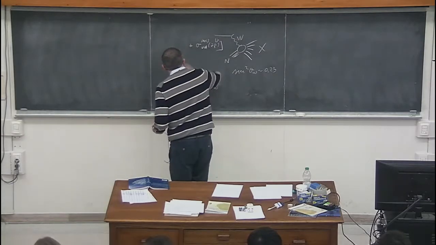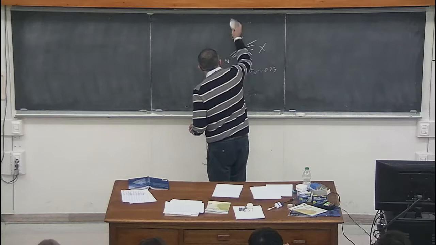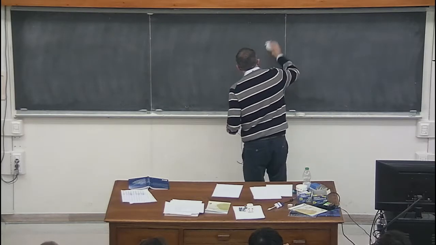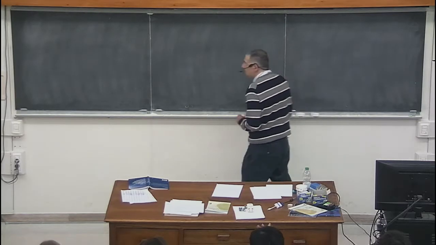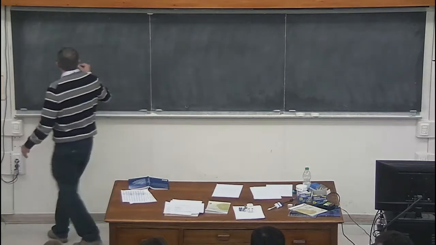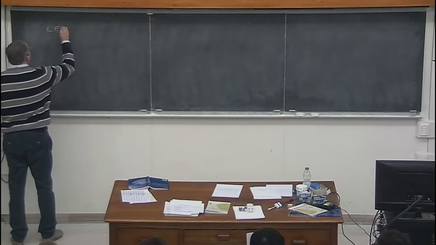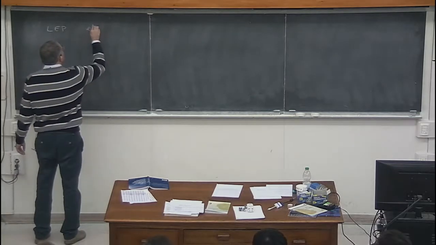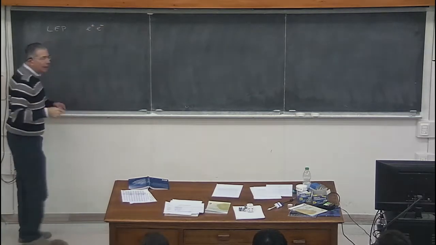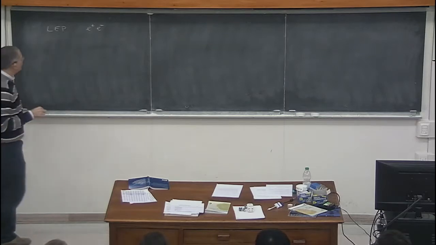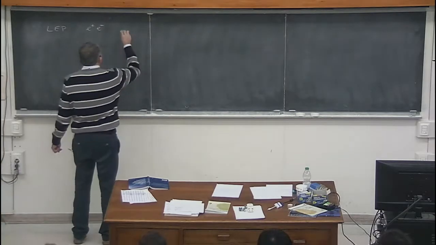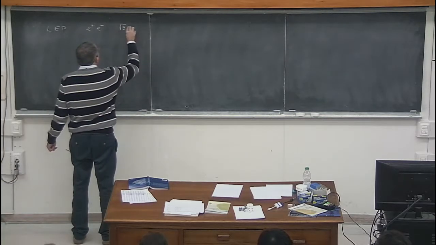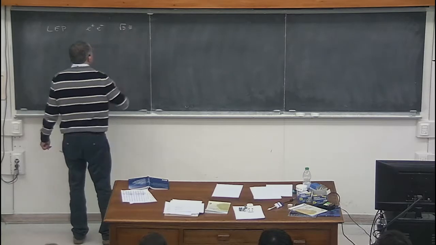I mentioned LEP. LEP is an important point in our story. LEP was an e+ e- machine, a collider of electrons and positrons, at a center of mass energy which was in the first phase of LEP very close to the Z boson mass, close to the peak of production of the Z boson.